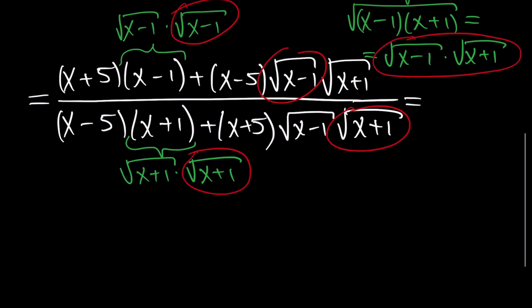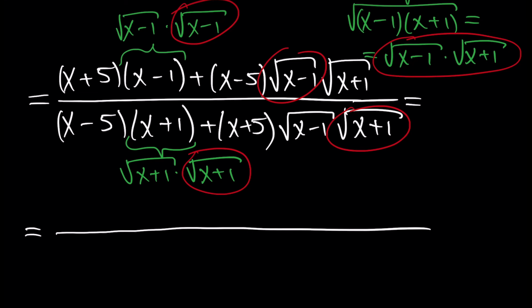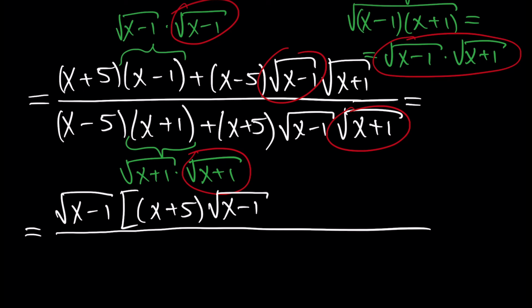And if we rewrite, if we take out of brackets square root of x minus 1, we will have x plus 5 times square root of x minus 1 plus x minus 5 times square root of x plus 1.